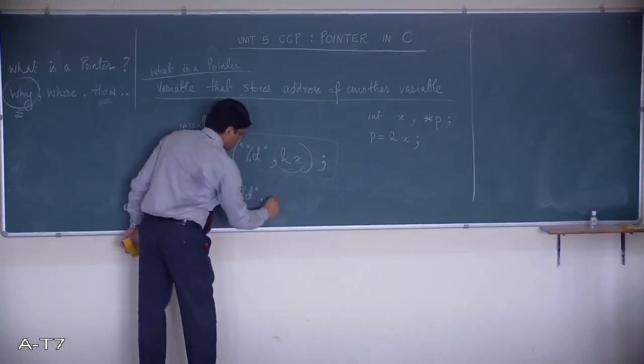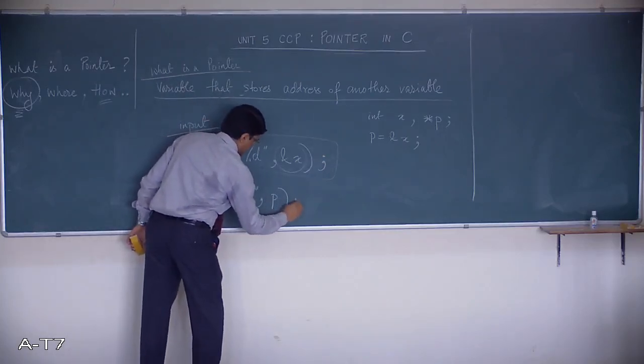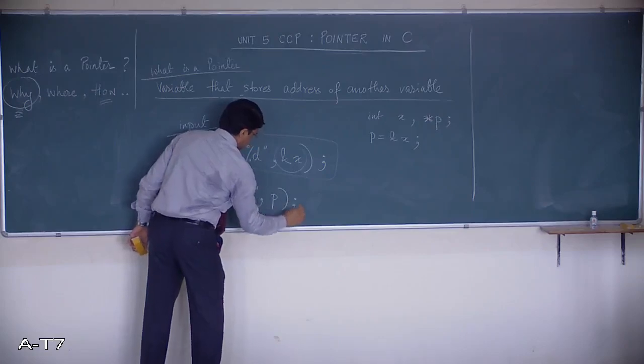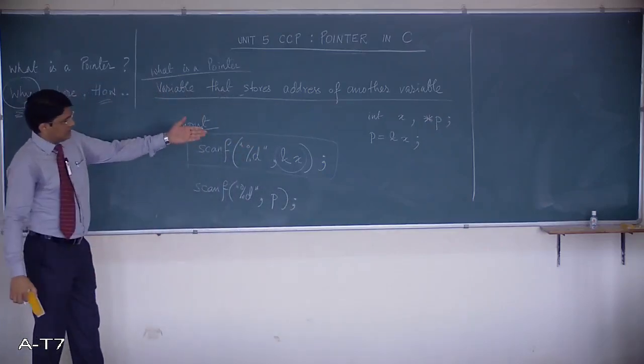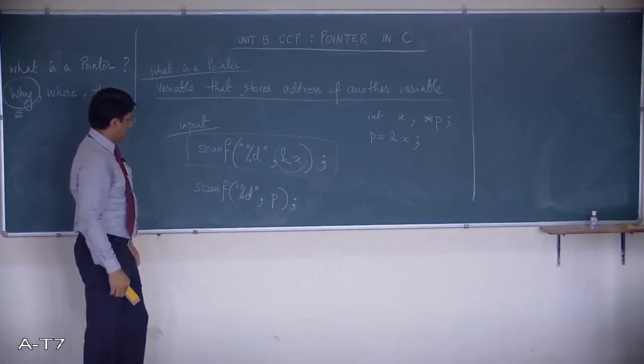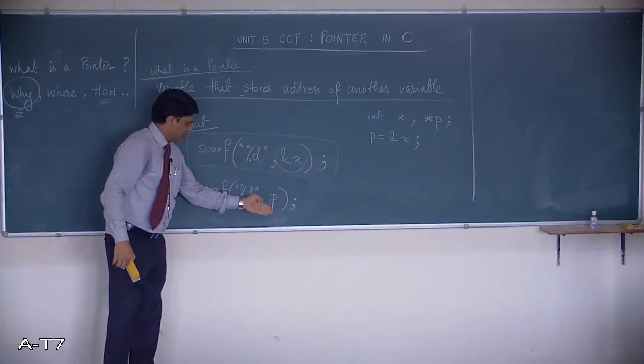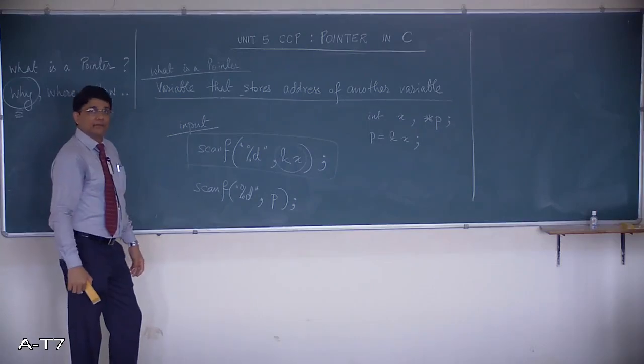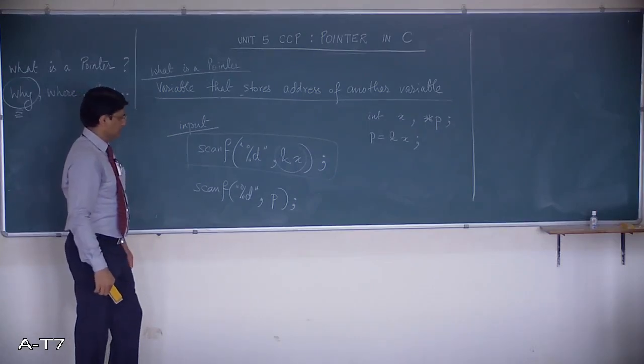Instead of ampersand X, we can simply write P. Because the address of X has been stored into P, instead of this, we start using the pointer variable.